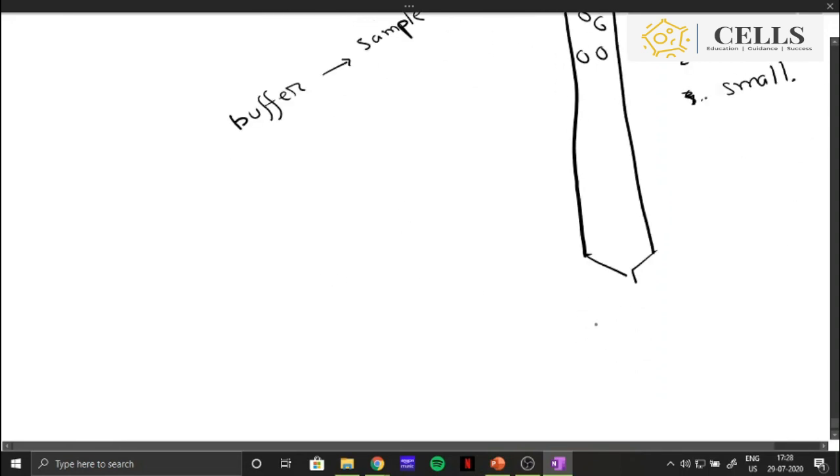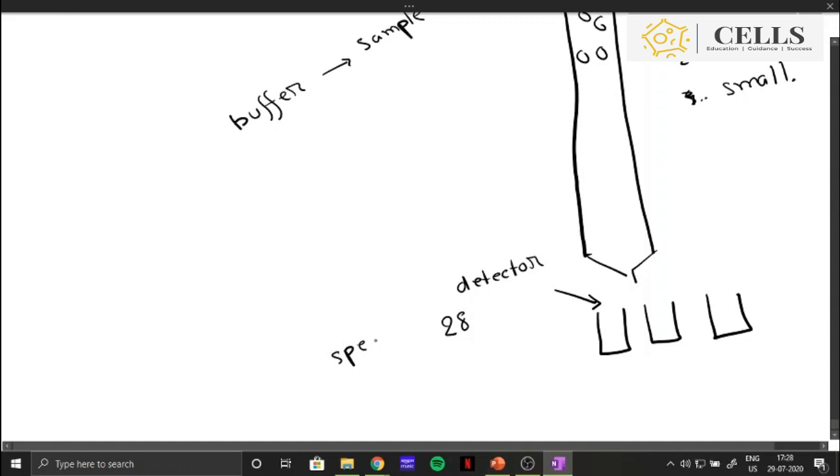Now how will you understand where your protein is? It is collected in several cuvettes, and these cuvettes have a detector. We'll come into this in later stages. The detector detects the amino acids present there. It is attached to a spectrophotometer, which we'll cover in the next class.